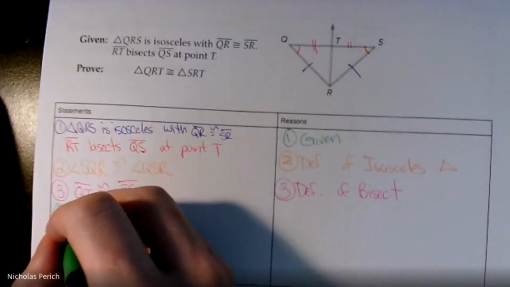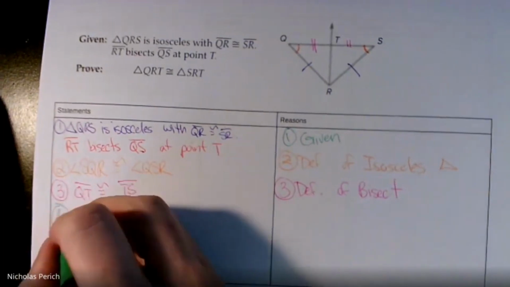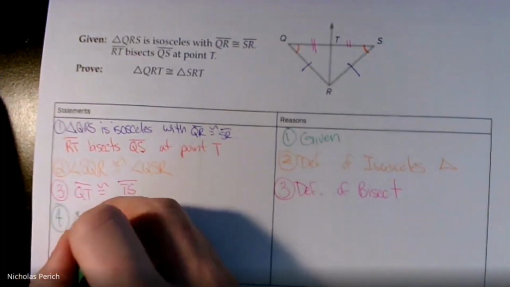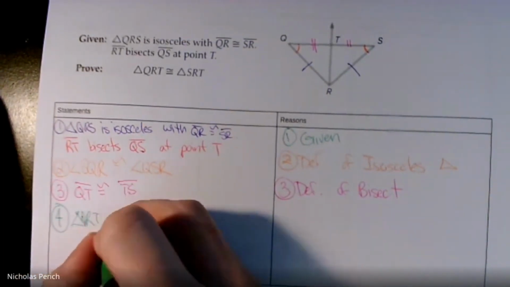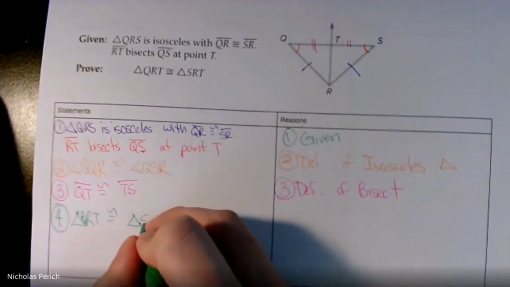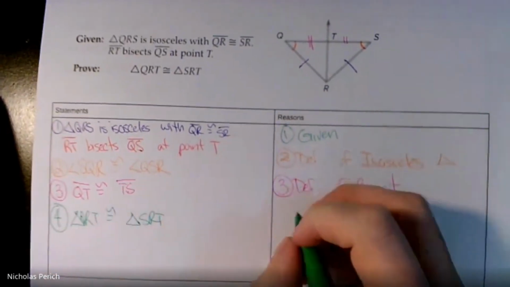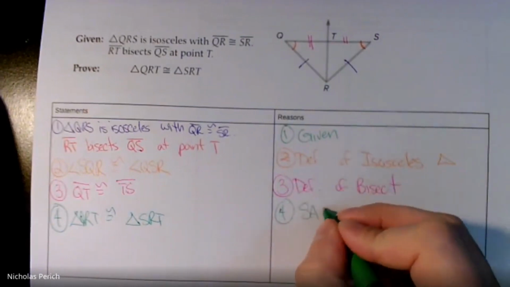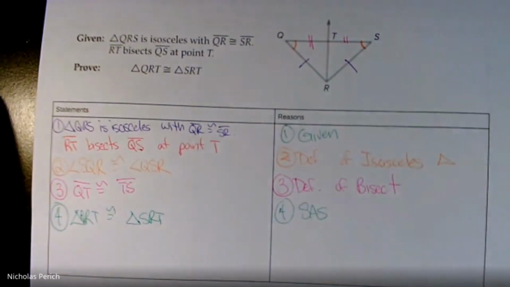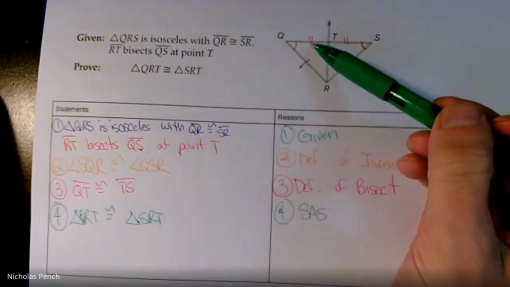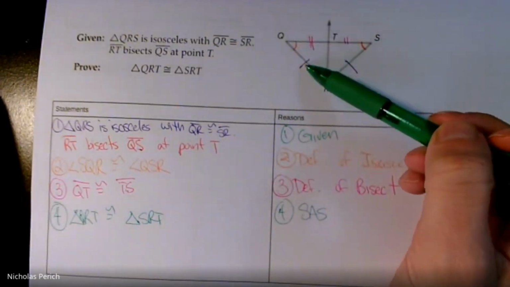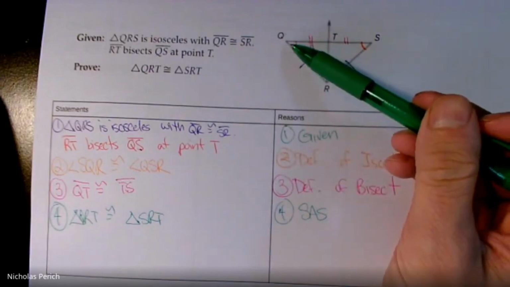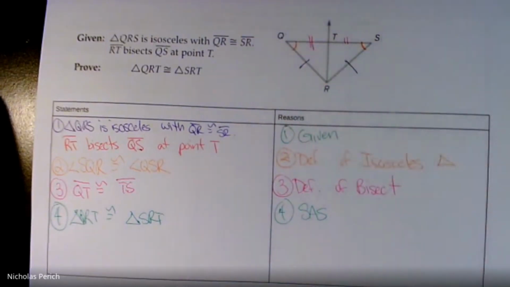And I'm going to agree with Santiago that we have QRT is congruent to SRT because of SAS. And here's how you know it's SAS. Side, angle in between another side.